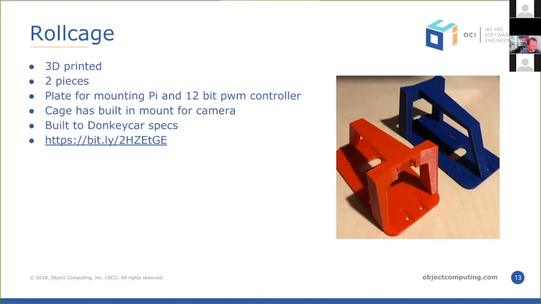This also is a really nice design because it angles the camera down 15 degrees, so it's looking down at the ground. And it mounts our Raspberry Pi board directly on it and our servo board. So everything's kind of neatly tucked in there, and gives it some protection too when it crashes into things.